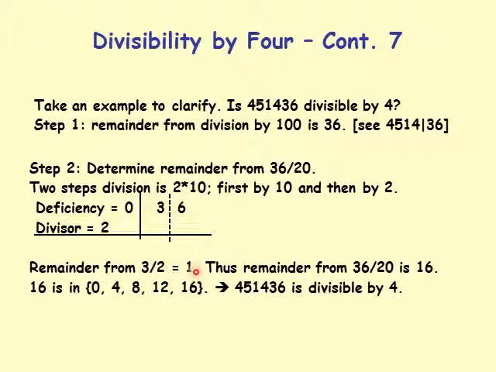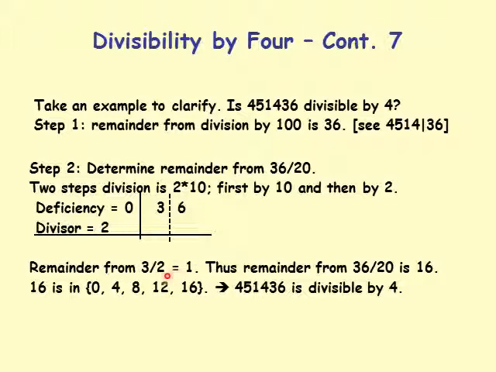So 3 divided by 2 is 1 and the remainder is 1. Thus the remainder when 36 is divided by 20 is 16. And 16 is divisible by 4, so is 4, 5, 1, 4, 3, 6. 16 is also in this list of divisible numbers: 0, 4, 8, 12, 16.